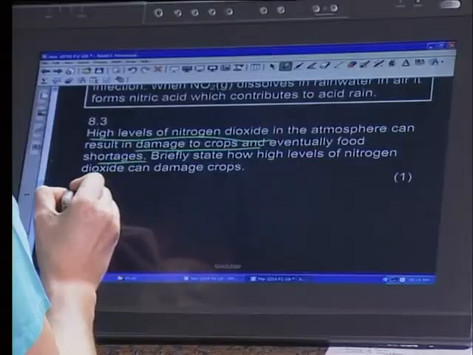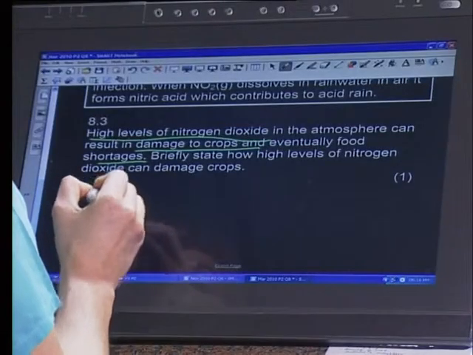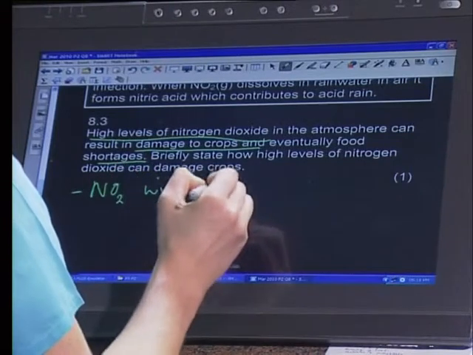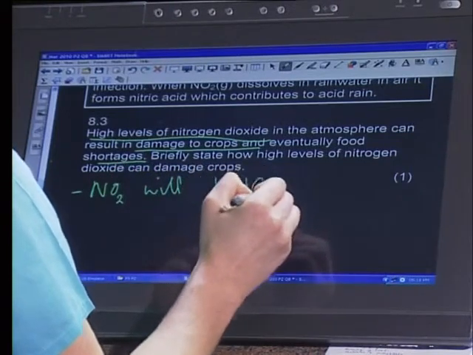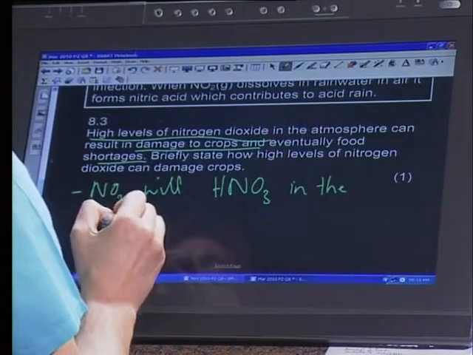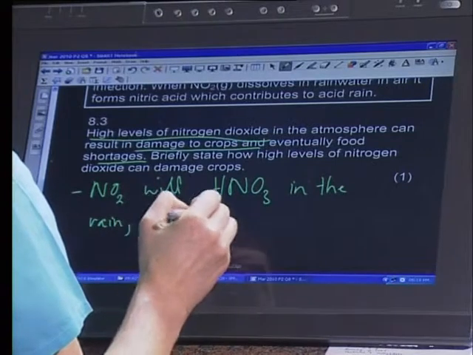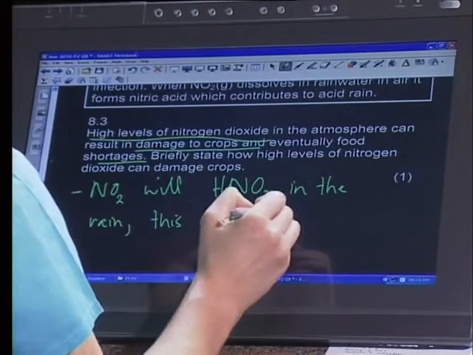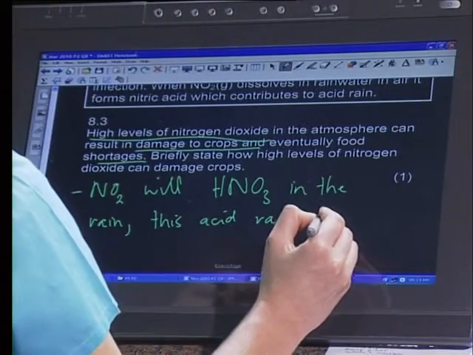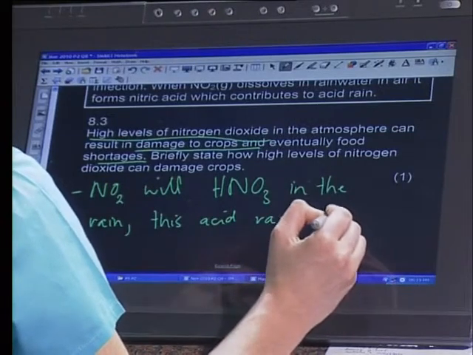So over here, what you can say is that the nitrogen dioxide will form nitric acid in the rain, this acid rain that we have over there is then going to damage the crops.